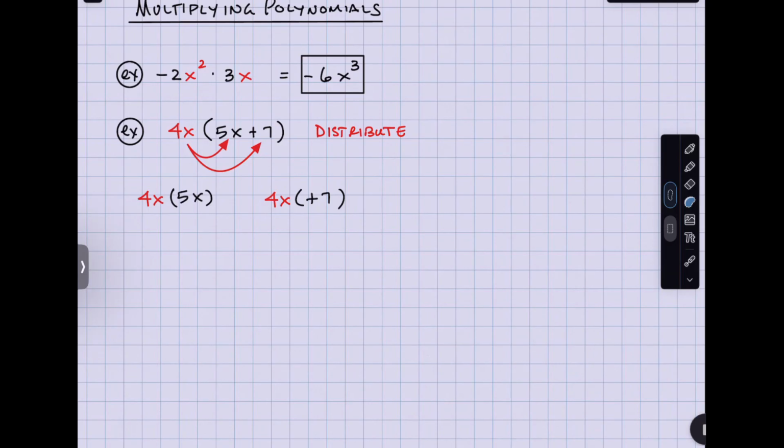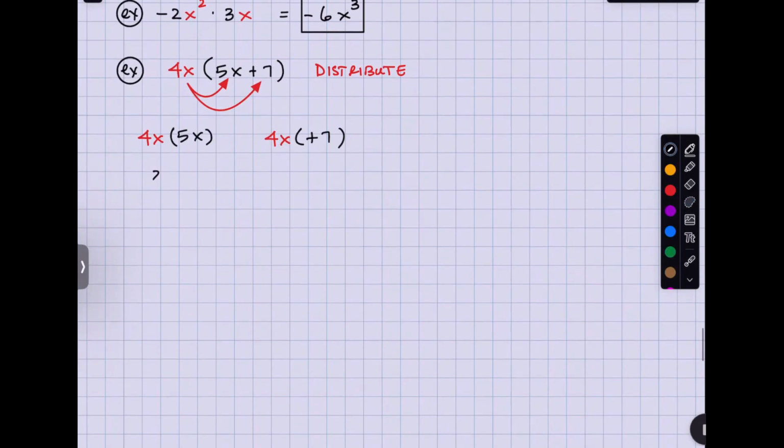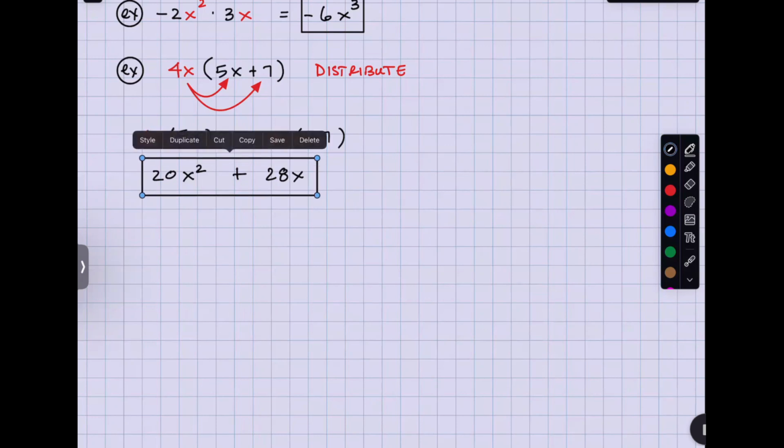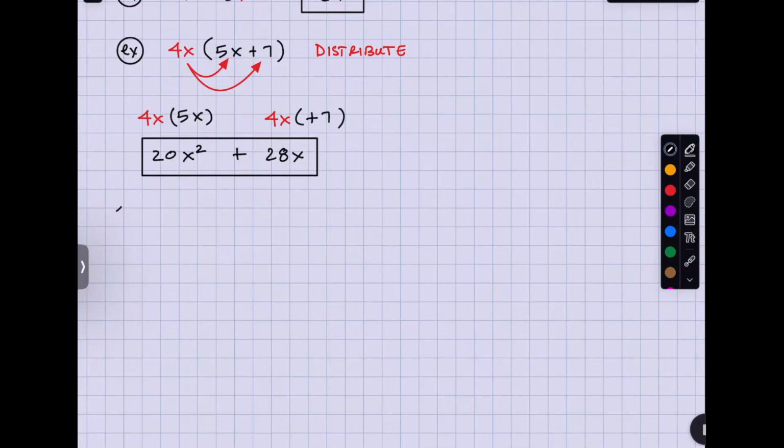So what is it? 20x squared. Awesome. And then 4x times 7? 28x. Awesome. And that 28x is positive, so we're going to put plus. And there we go. Pretty simple? So no problem so far. Okay.